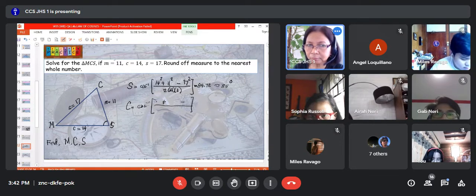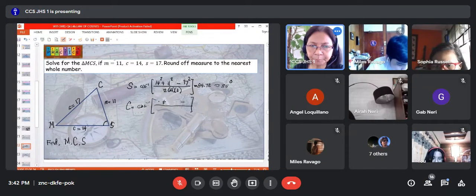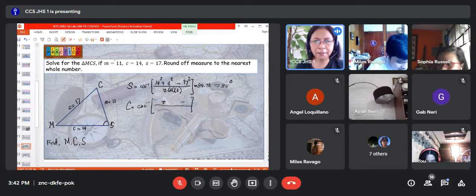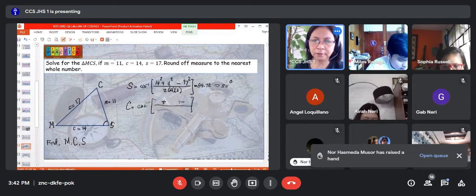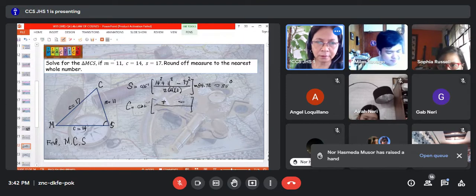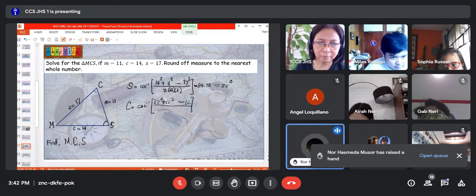We're going to square first and then add and then subtract what square? 17 squared plus 11 squared minus 14 squared, all over 2 times 17 times 11.